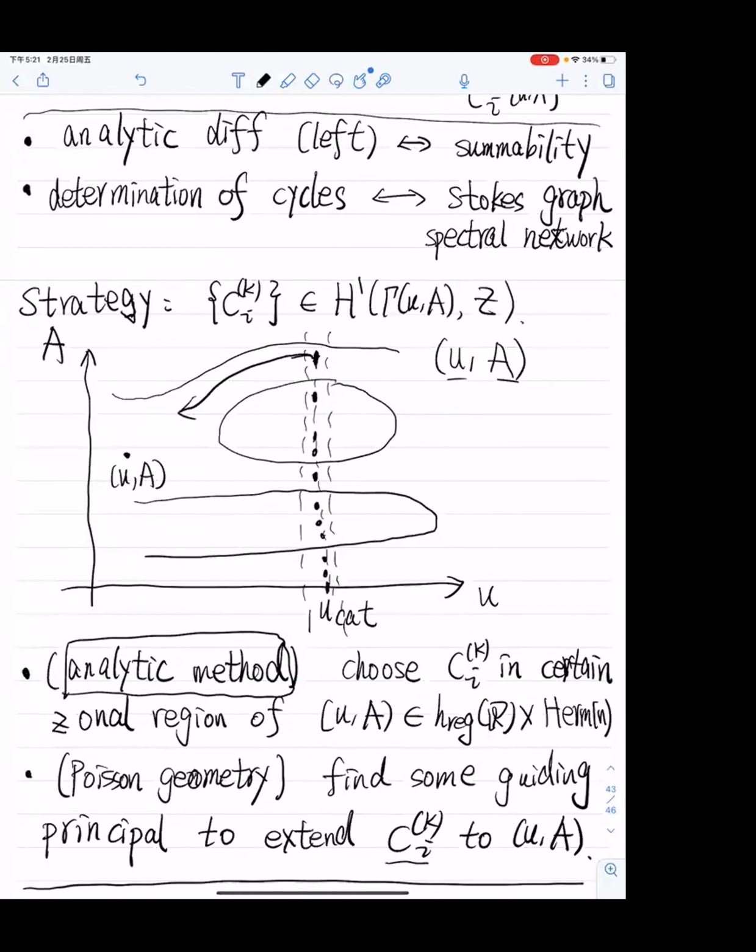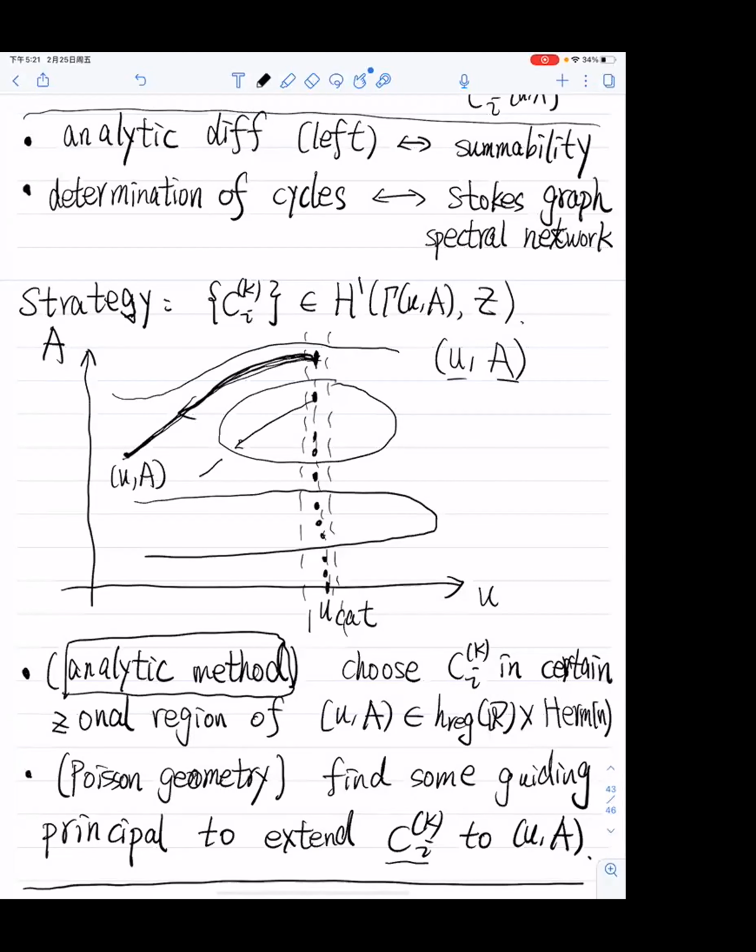Well, you may think that if there is a path inside this open dense part, along which all the spectral curves are smooth, then you can get the cycles just by continuity, because the cycles are in Z coefficients. But it may happen, we didn't check, that you cross some wall.